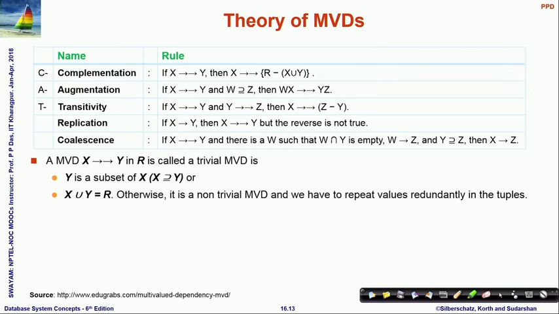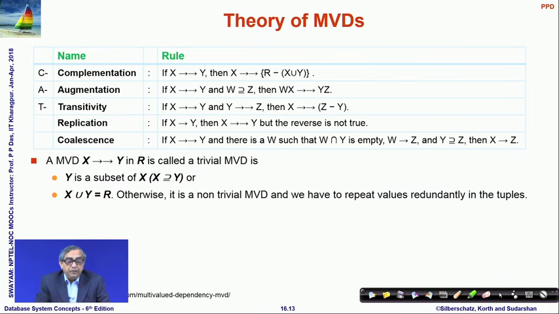In terms of multi-valued dependencies, we have 3 rules commonly called the CAT rules, which purely involve multi-valued dependencies. First is complementation, which we have just discussed: if x multi-determines y, then x multi-determines R minus x union y, the remaining set of attributes.